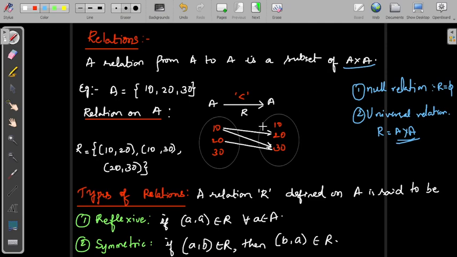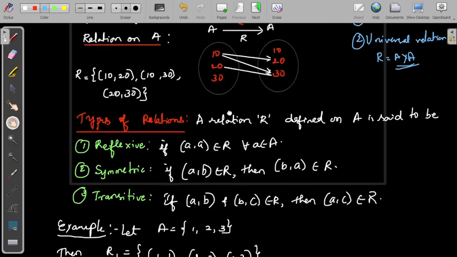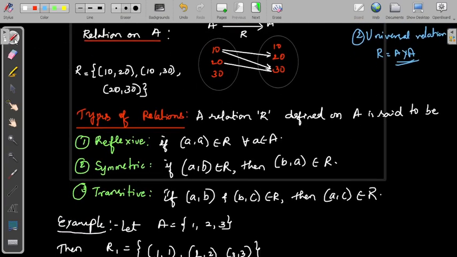So out of different types of relations, these are the mandatory relations. Then there are different types also, like reflexive, symmetric and transitive. Let us look into that. What is meant by a reflexive relation, symmetric relation and transitive relation?